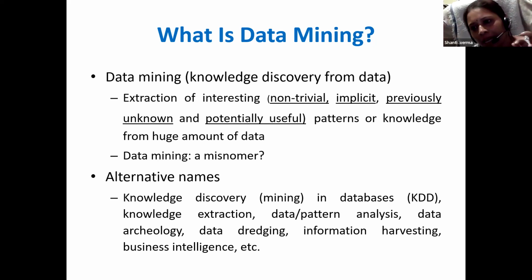So basically, in data mining, we want to discover some important knowledge from the data set, and that data set is raw data. So what is interesting in the extraction? In data mining, the discovered knowledge is non-trivial, implicit, previously unknown, and potentially useful. These are the four keywords when you are deriving the knowledge.